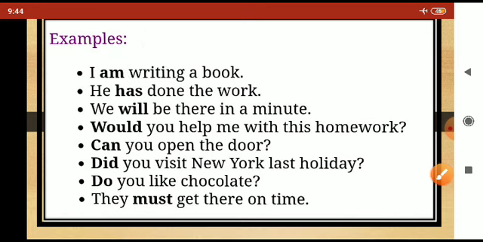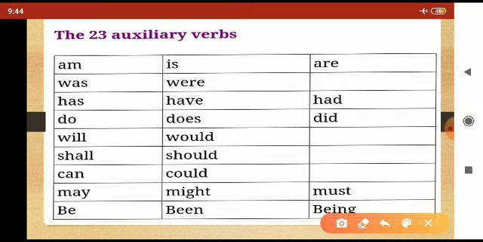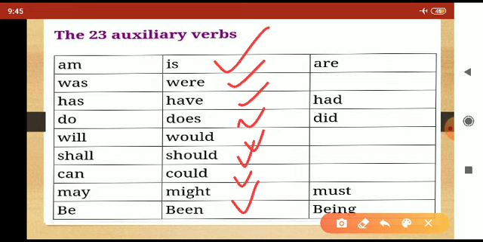So we will see different types of auxiliary verbs. We have am, was, has, do, will, shall, can, may, be. We see that we have is, were, have, does, would, should, could, might, been, or had, did. Or we see like this, we have must and being.